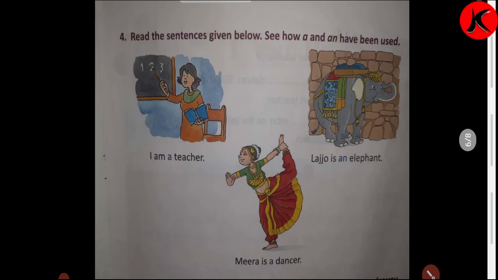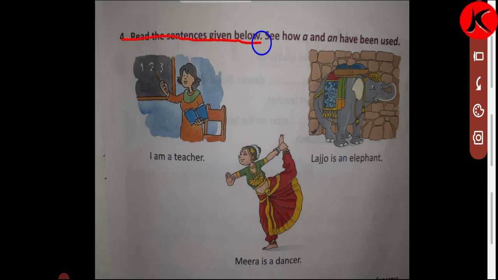Read the sentences given below. See how A and AN have been used. I am a teacher. Only a simple A is written here. Lajjo is an elephant.